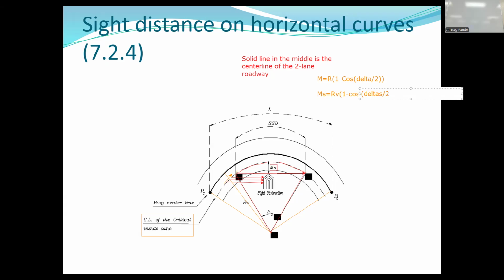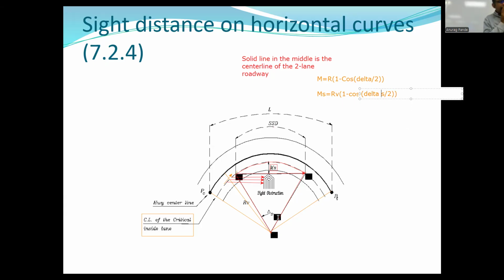I know it's kind of weird, but I'm talking about this angle right here, that's my delta S. So I'm analyzing this curve, but using the same exact approach, the same circular curve relationship. MS should be equal to RV times 1 minus cosine delta S over 2.